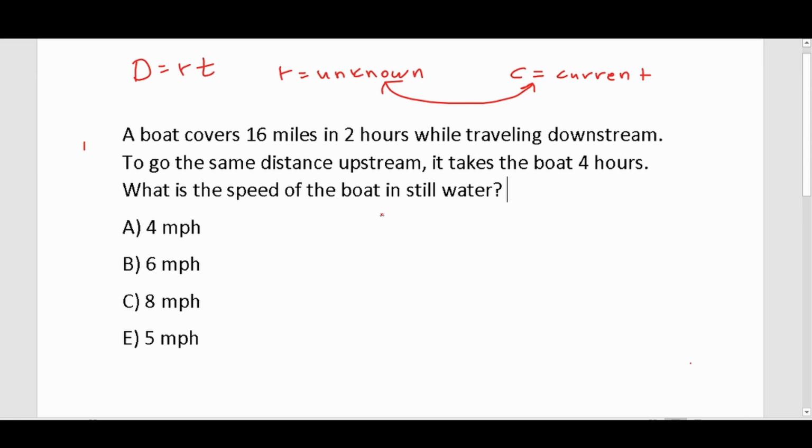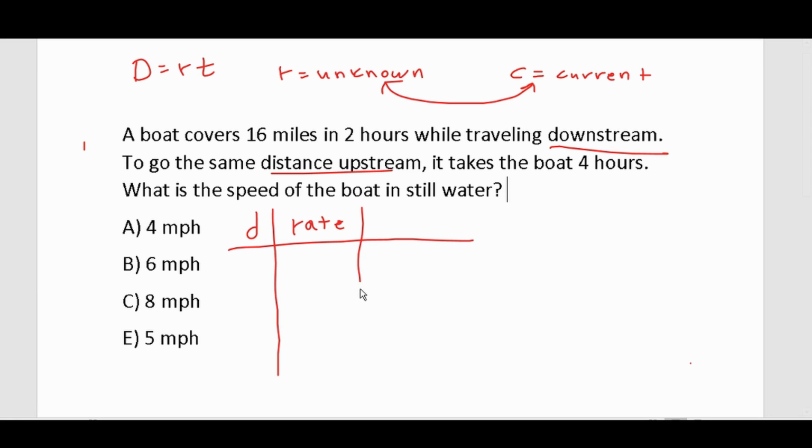Okay? So what I like to do when I'm working with two different situations, namely upstream and downstream, is to create a little chart so I can keep things in order. The first thing I'm going to put in my chart is distance. The second thing I'm going to put is rate. And the third thing I'm going to put is time.